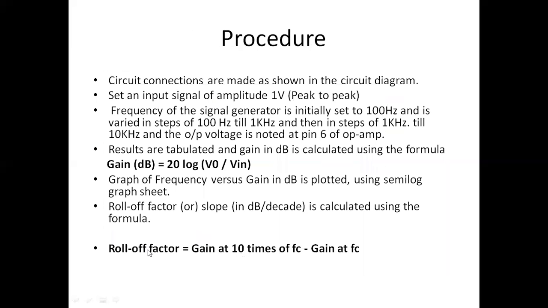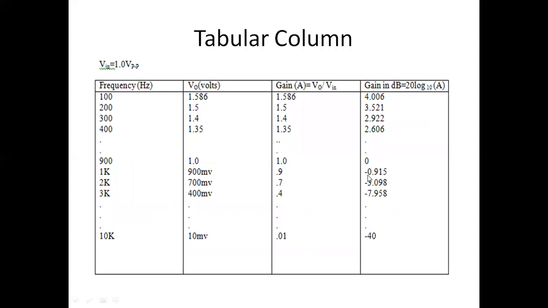After that, you have to find the roll-off factor. That is nothing but the slope of the reject band in the reject frequencies. You have to find the difference between the gains at 10K and 1K. We are finding the roll-off factor in terms of dB per decade. Decade means the frequency ratio is 10.